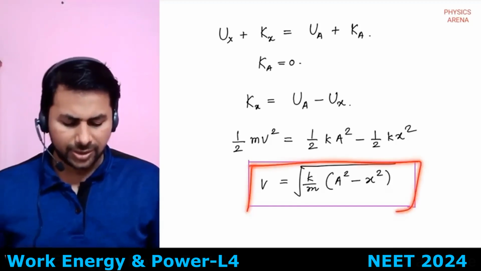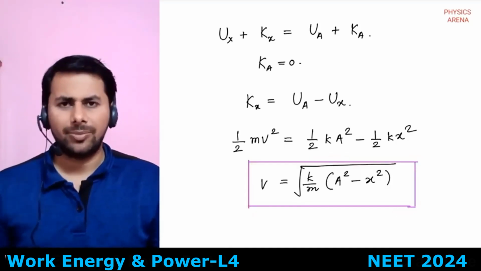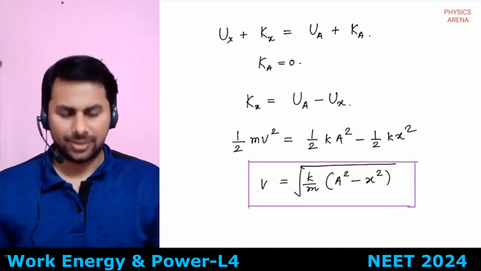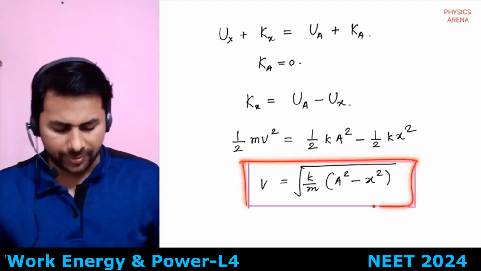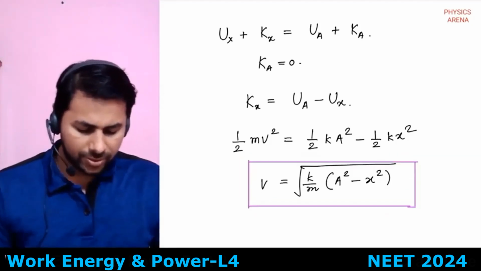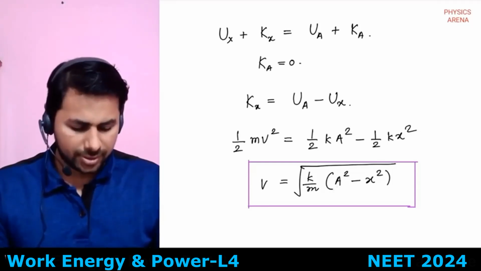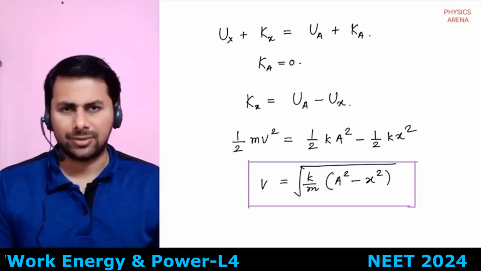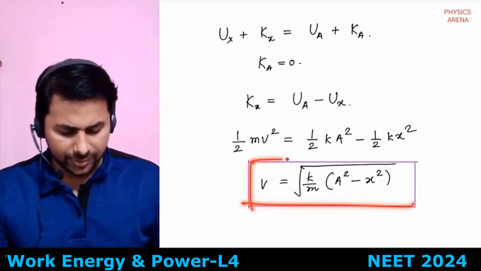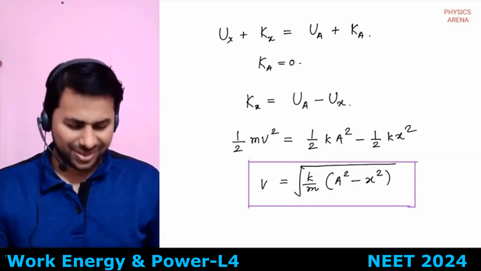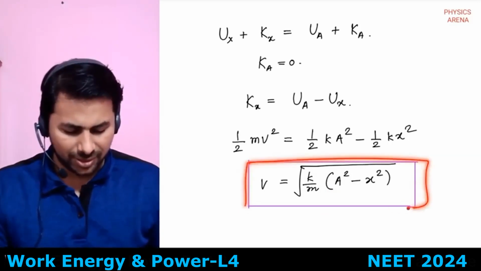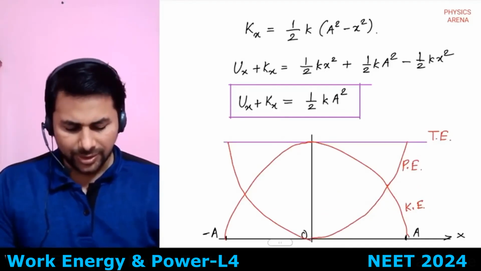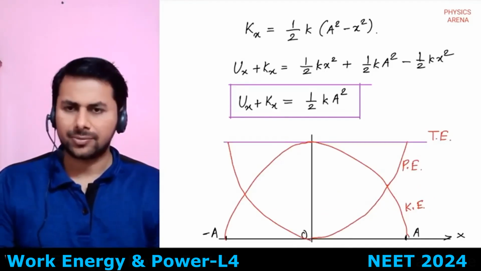For that, again we apply the law of conservation of energy. So v equals root of k upon m multiplied by a square minus x square. Again we have to remember this formula too. Is there any question till this point?